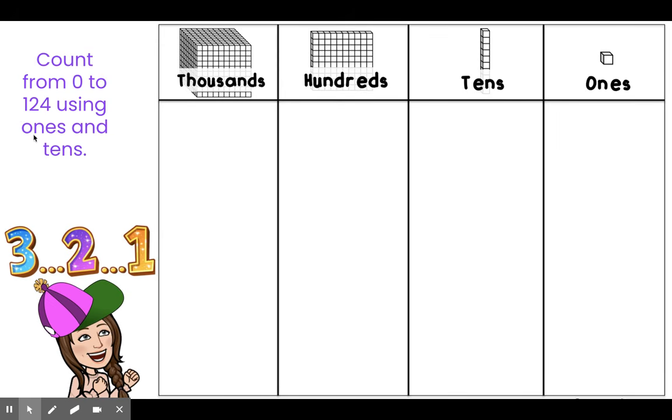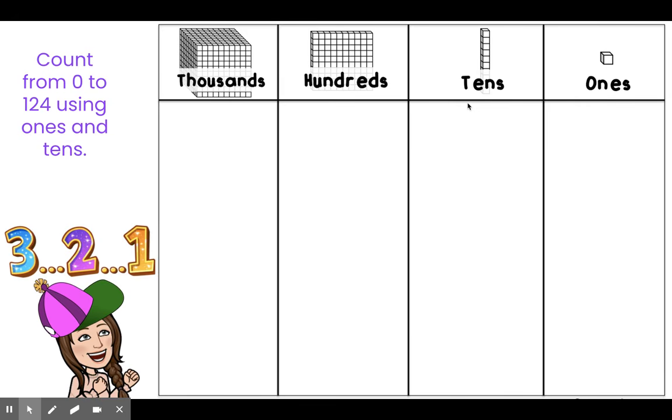We're only going to use ones and tens. Let's start by counting out our ones. When we get 10 ones, what can we do with it? I hope you said trade it for a 10, because once we have 10 of this unit, we can trade it for one of the next largest unit, which is tens.